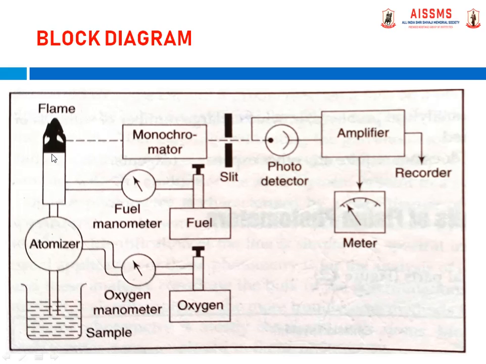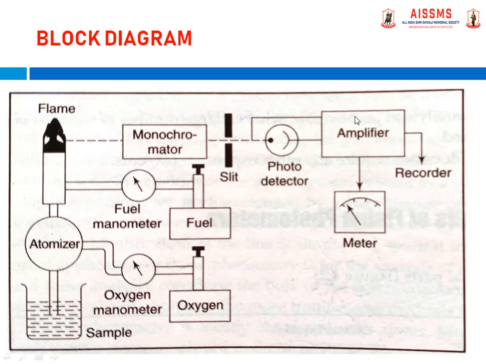Burner provides the flame from the input of atomizer, oxygen and fuel system. Monochromator helps in isolating the wavelength to be measured from that of any other external emission. Photodetector is an optical type of detector which converts the optical wavelength into electrical output.